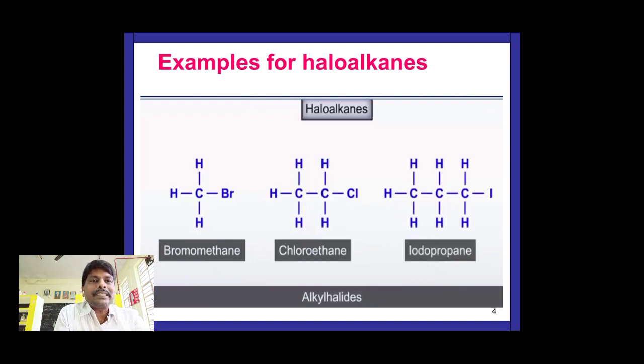If one H is replaced by Cl, then it is called chloroethane. Same way, iodopropane: propane contains 3 carbons, and one H is replaced by I. So it is iodopropane. These are examples of haloalkanes. Haloalkanes, another name is alkyl halides.